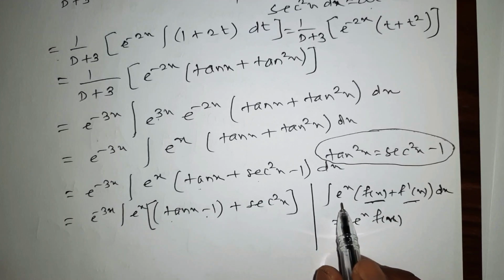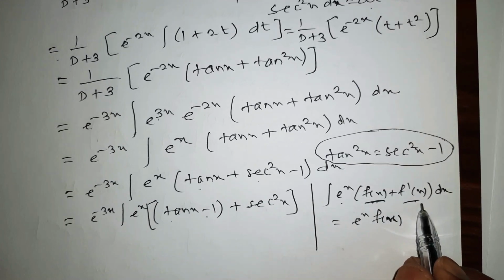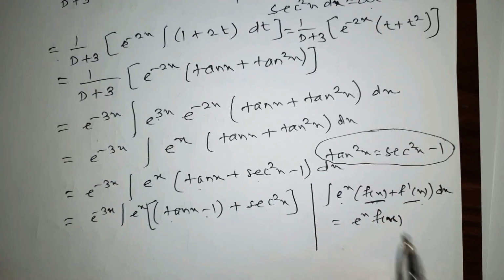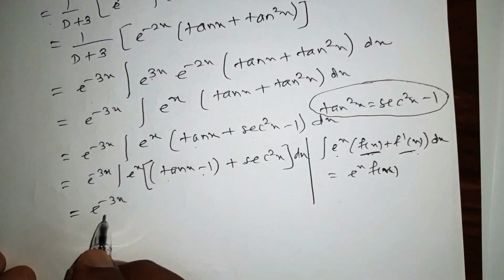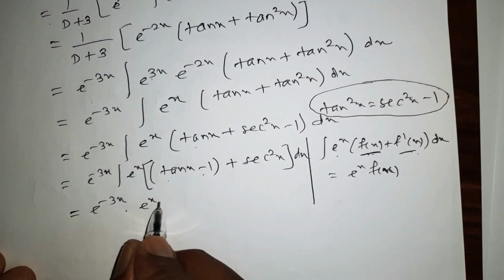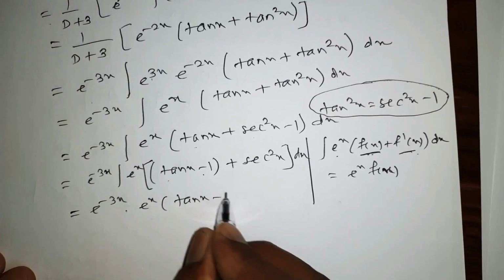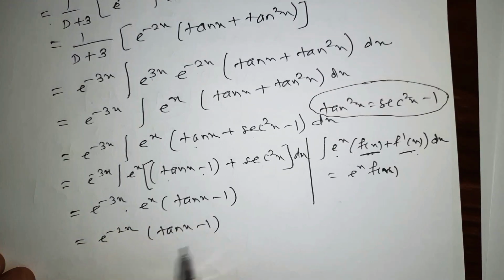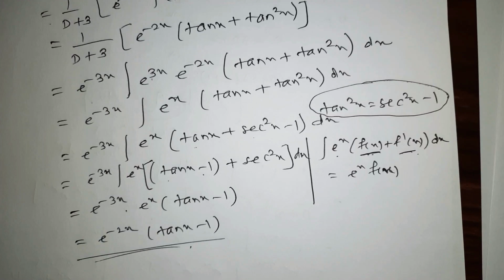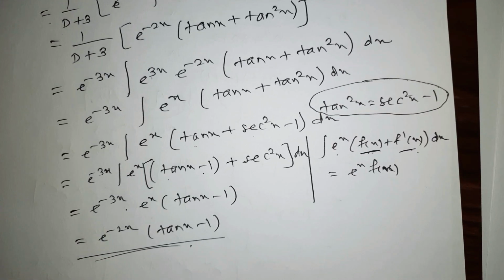So I get the formula e raised to x into f of x plus f dash of x is equal to e raised to x f of x. So our answer is e raised to minus 3x into e raised to x tan x minus 1, which is e raised to minus 2x into tan x minus 1. This is our particular integral. Now you can complete your answer by writing CF and PI. One more example we will take.